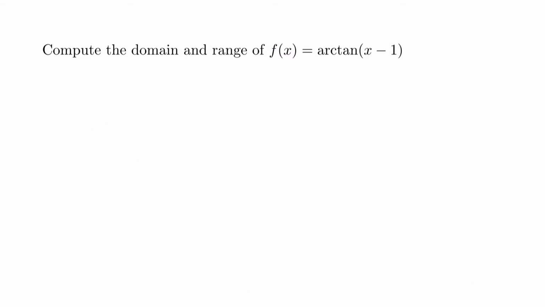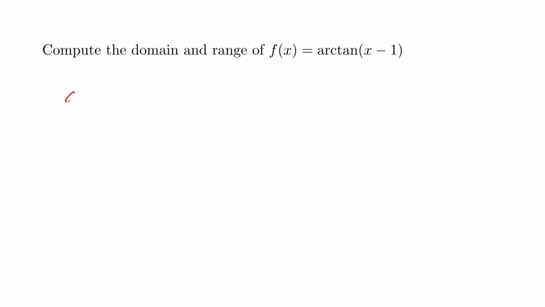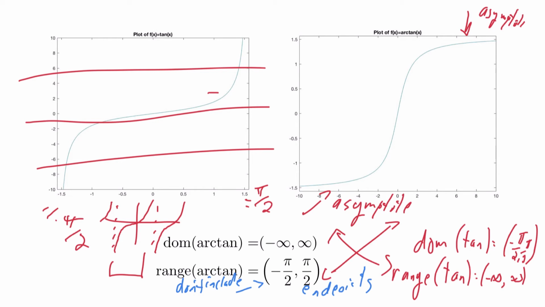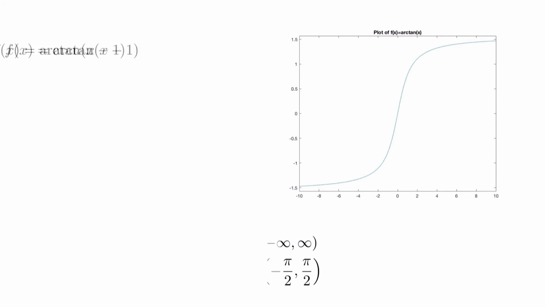So as a final exercise in this section, let's play the game of taking a transformation of one of the inverse trig functions and computing its domain and range. So now we'll look at arctangent. To compute the domain of this, recall from what we just saw that the domain of arctangent was negative infinity to infinity.